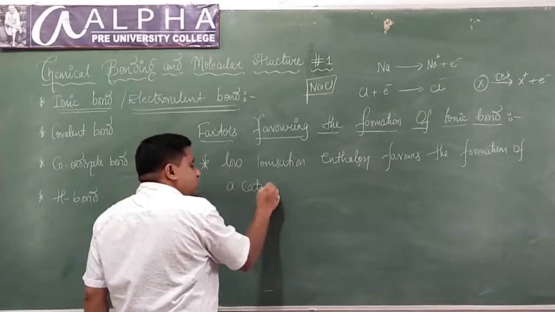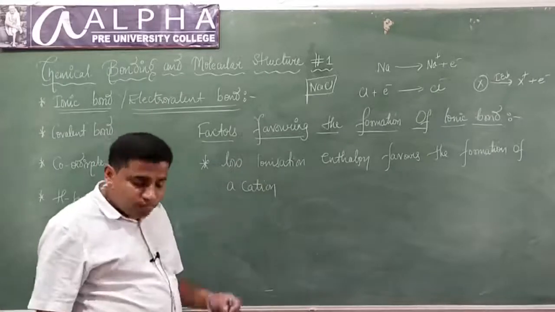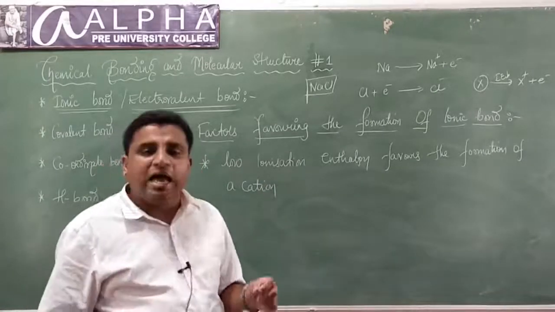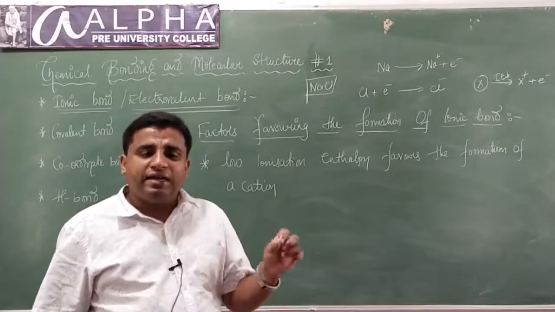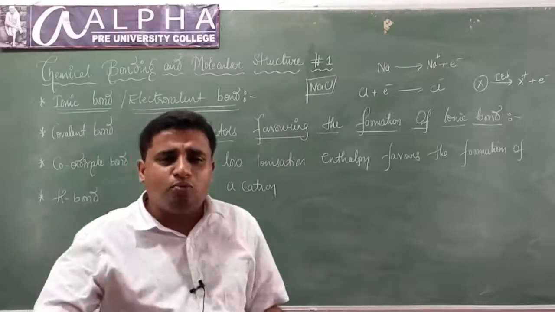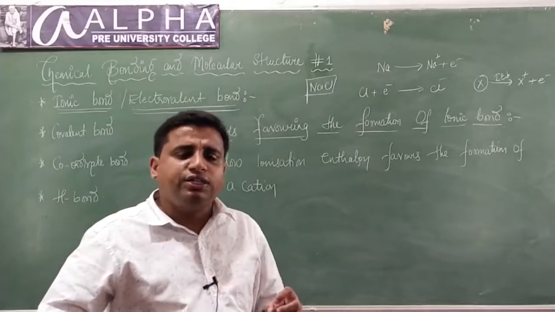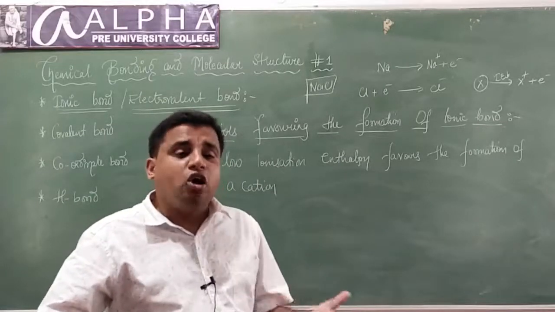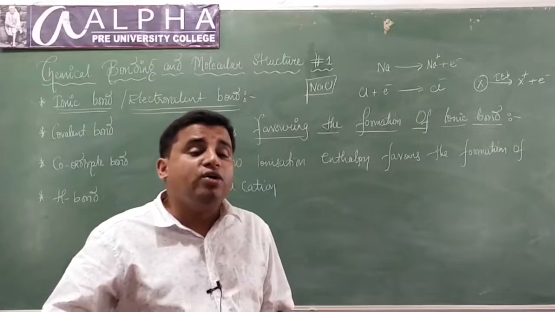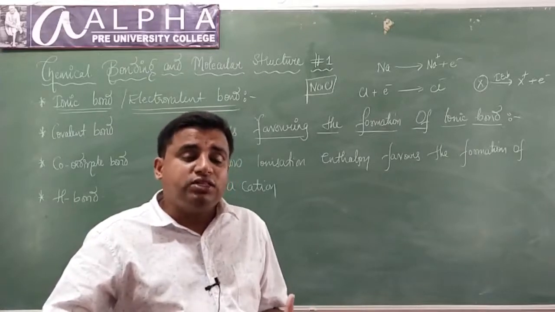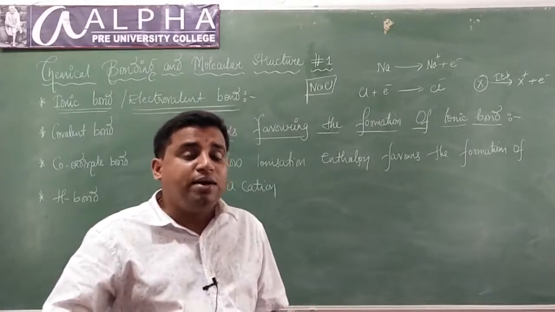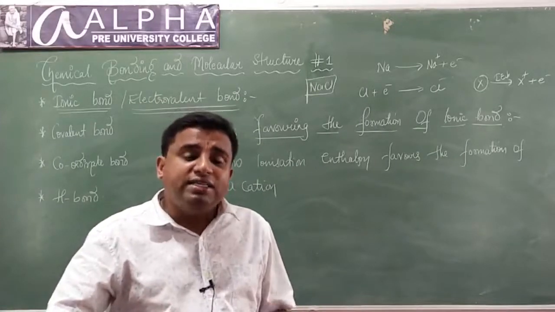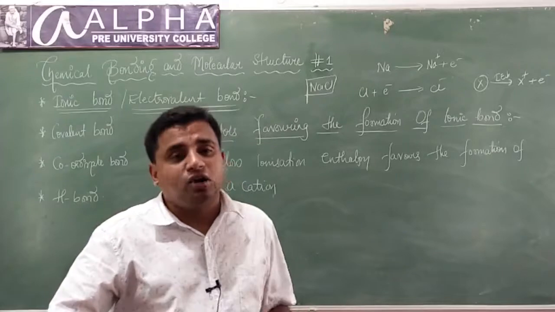For an ionic bond to be formed, the primary condition is that a cation and an anion should be formed. Those two are oppositely charged ions, they attract each other and form a bond. So in order to form a cation, the species should have low ionization energy. Only when one element has low ionization energy, it can easily lose the electron, and then it will form a cation.